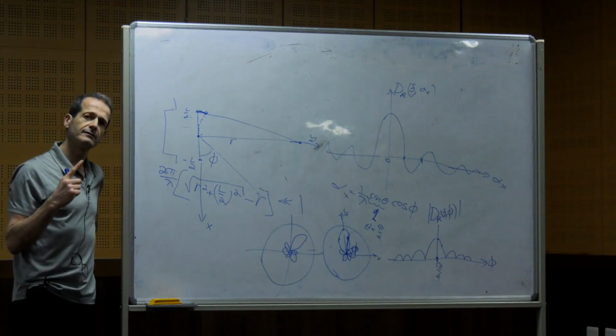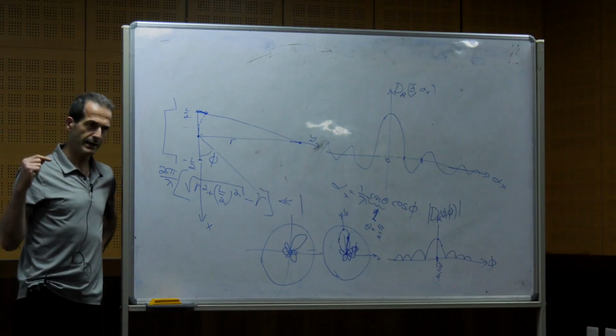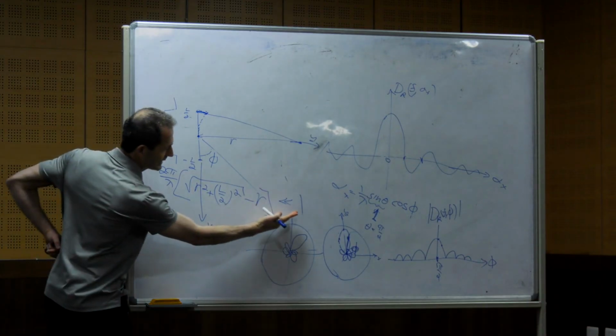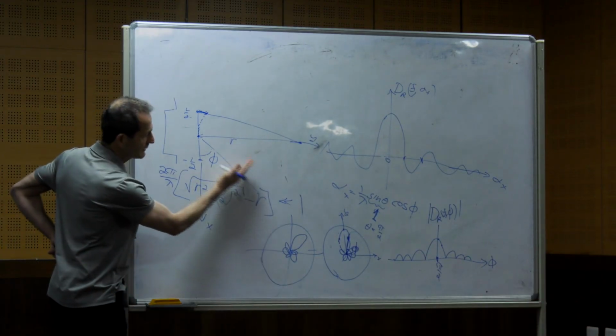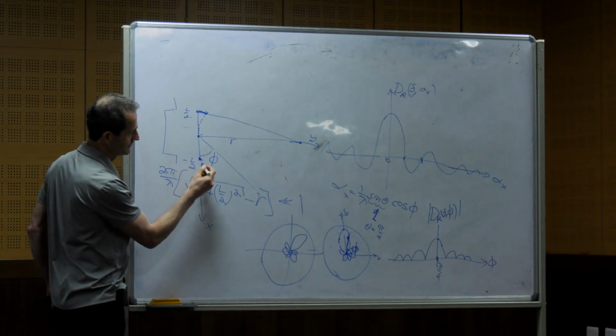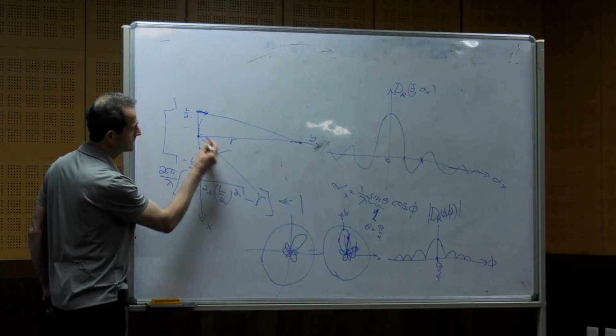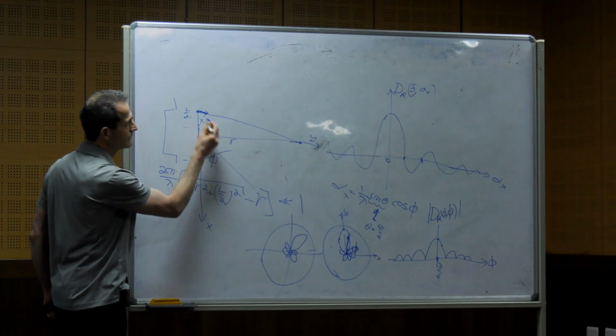How do I do that? Okay. Think about a plane wave that comes from a certain direction, from 45 degrees. So it comes to this point early. Then it comes to another point. Then it comes to another point, and so on.